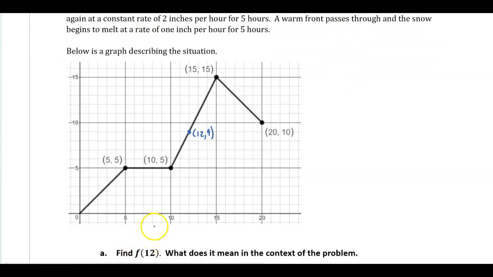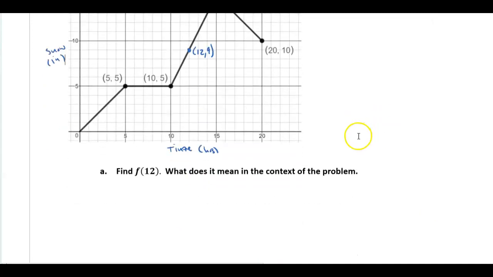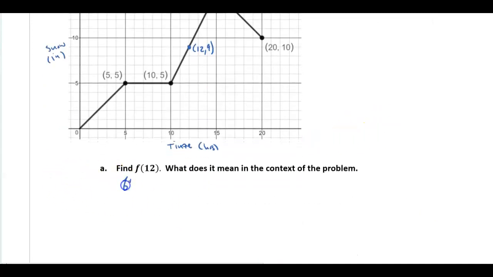So right here, my x value represents time in hours, and y is snow in inches. What this means is f of 12 equals 9.